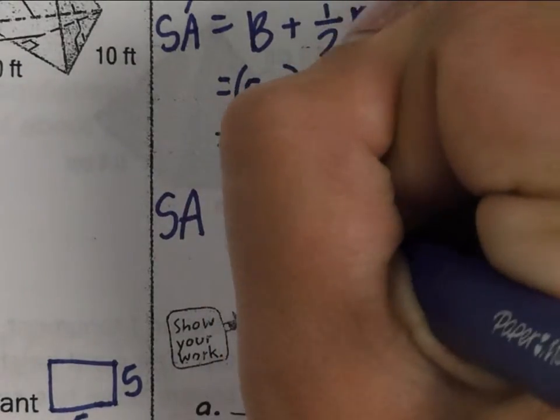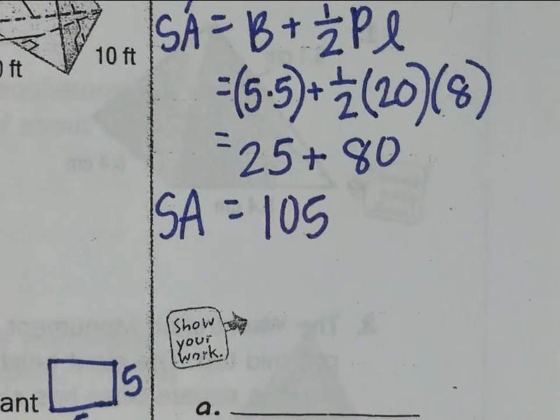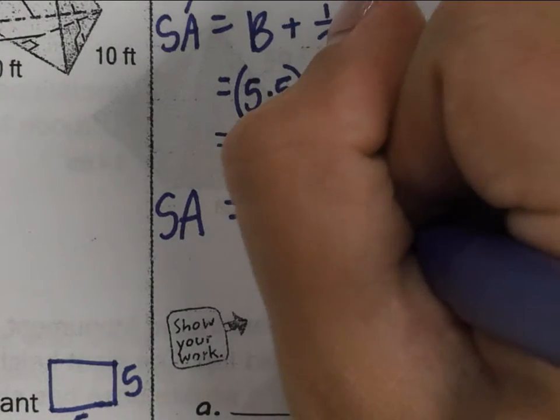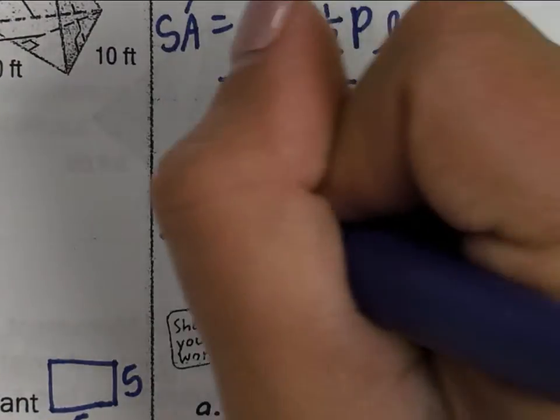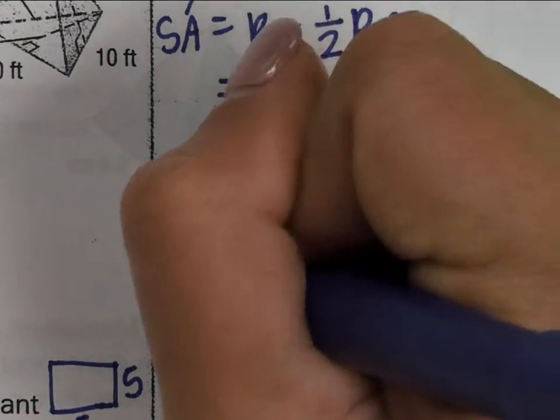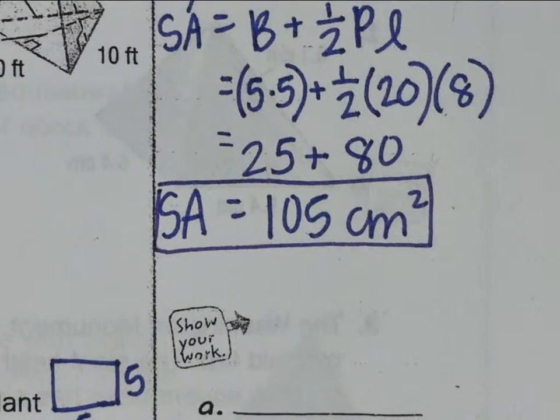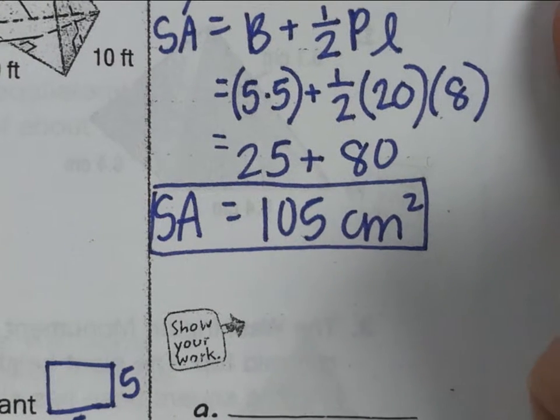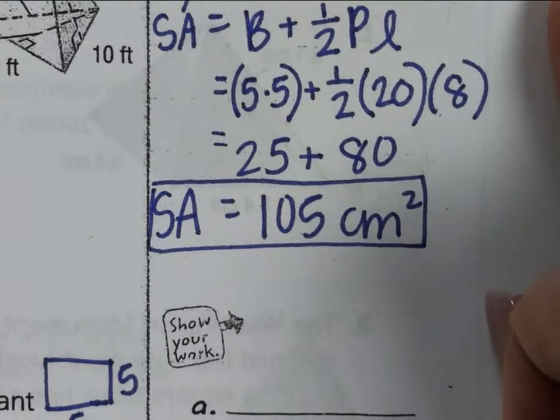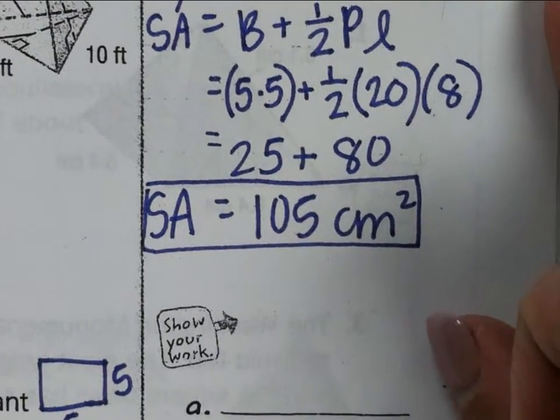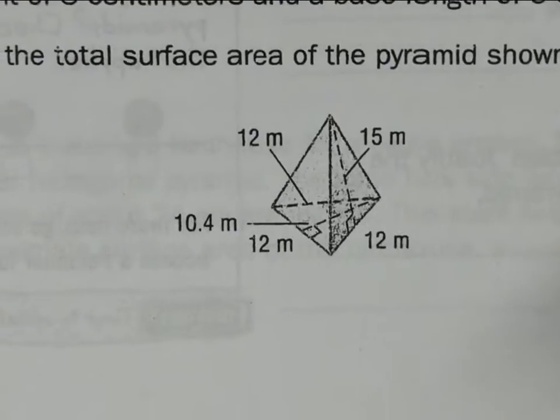So my surface area is 105 what? Centimeters squared. Any questions about that? Okay, let's look at example B.